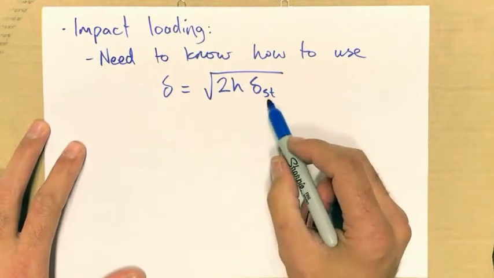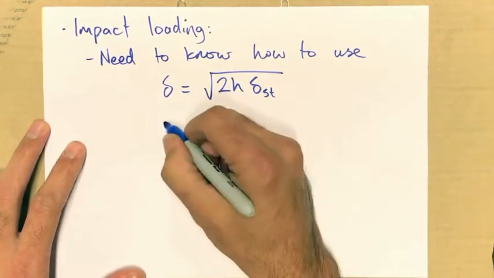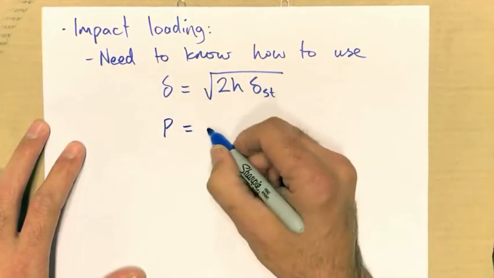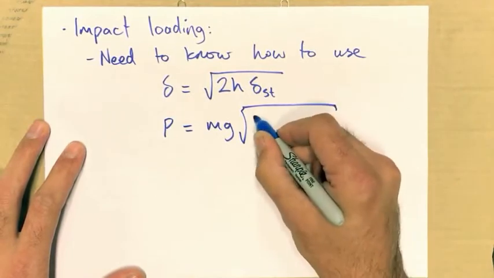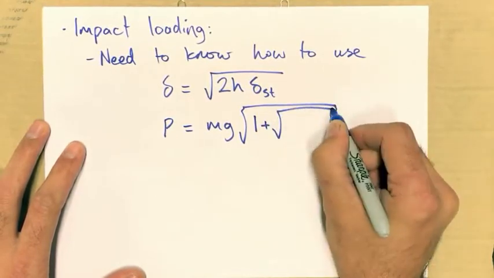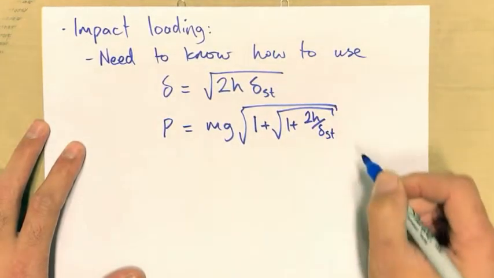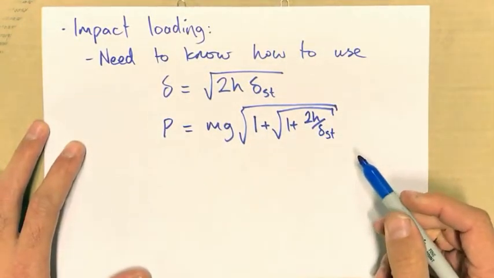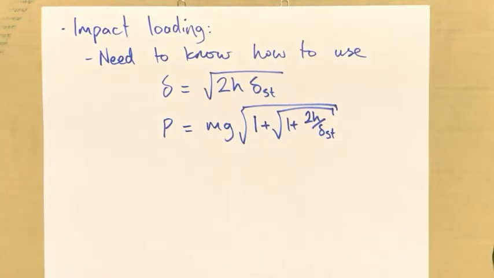So this is for a weight dropped from a height h. And of course, to calculate the impact load if you were given this equation. I don't require you to remember these equations. So not much to remember there, just know how to use them.